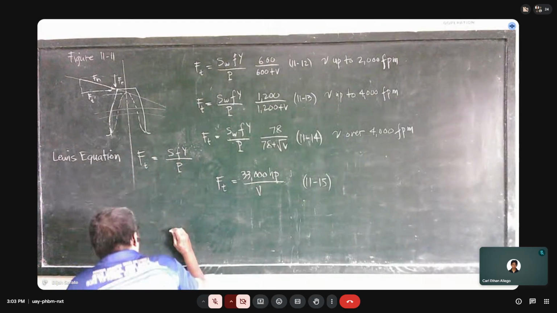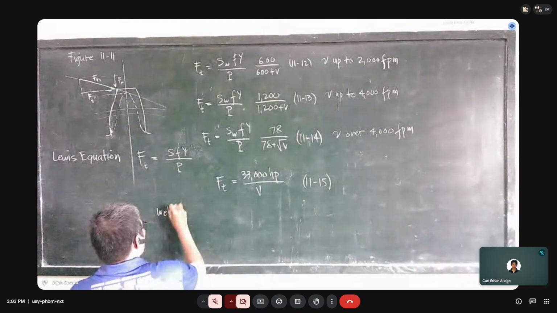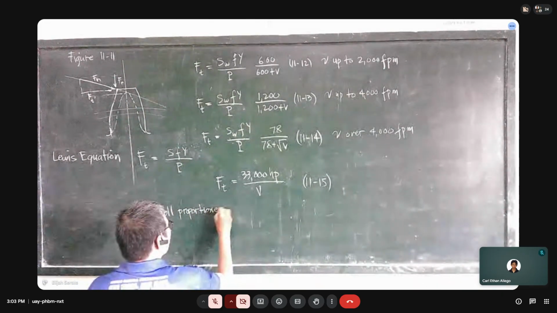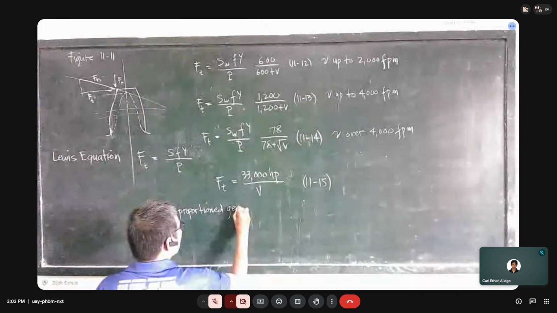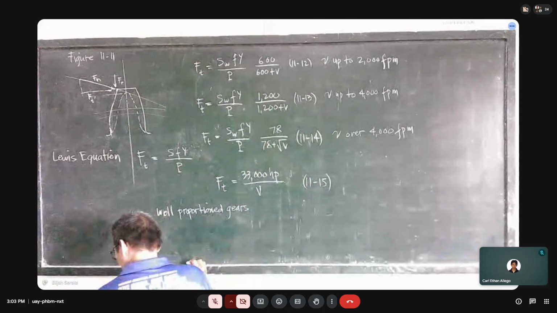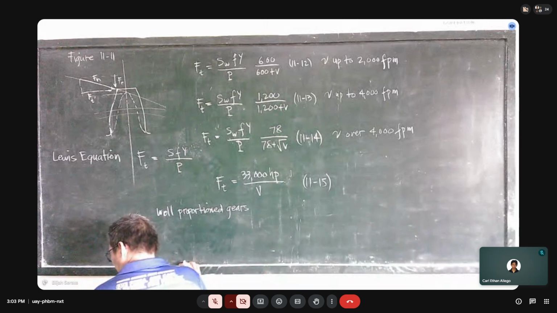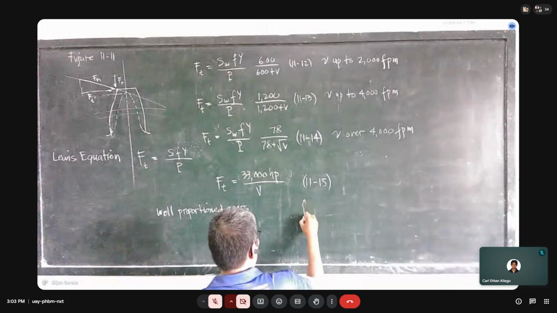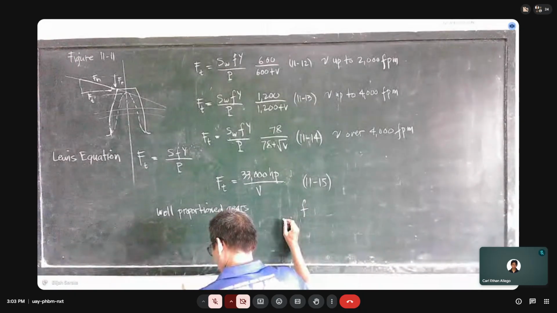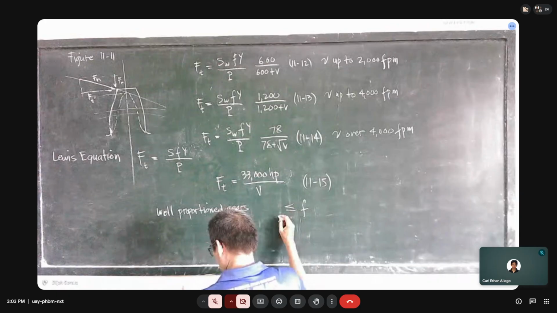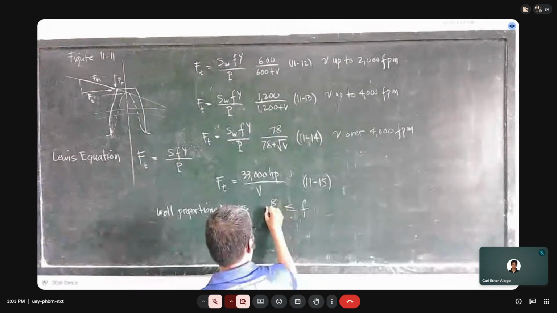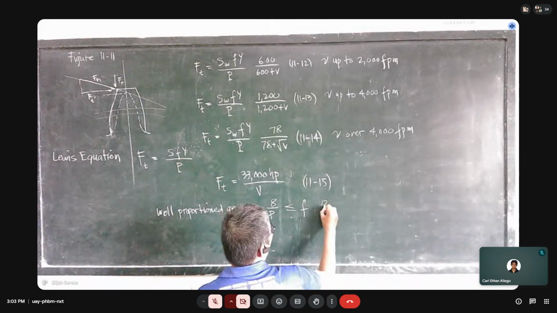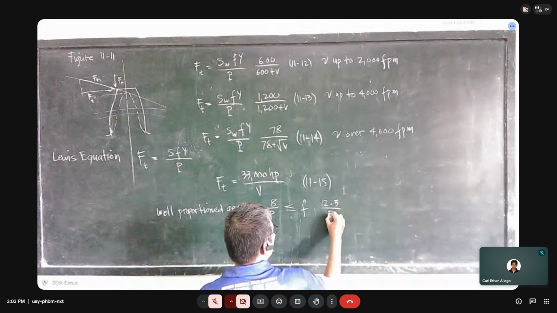However, a well-proportioned gear, this is important. Proportion. Face width, for example, is from 8 over P to 12.5 over P, approximately.